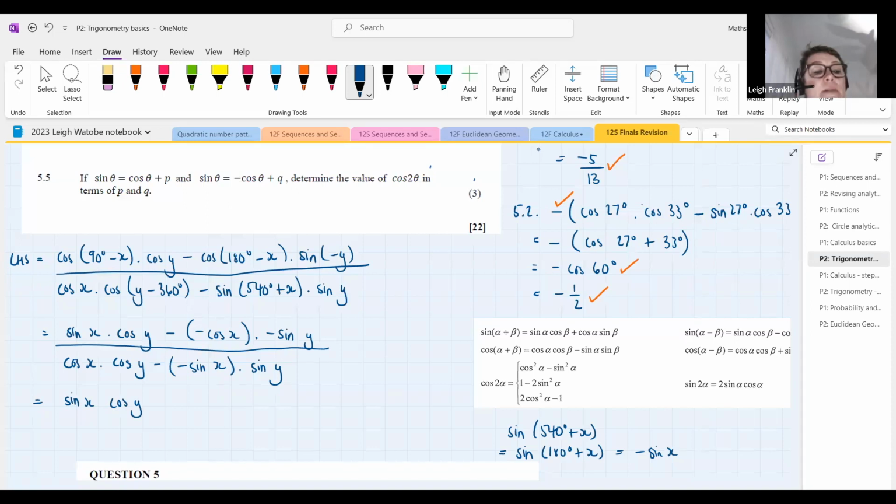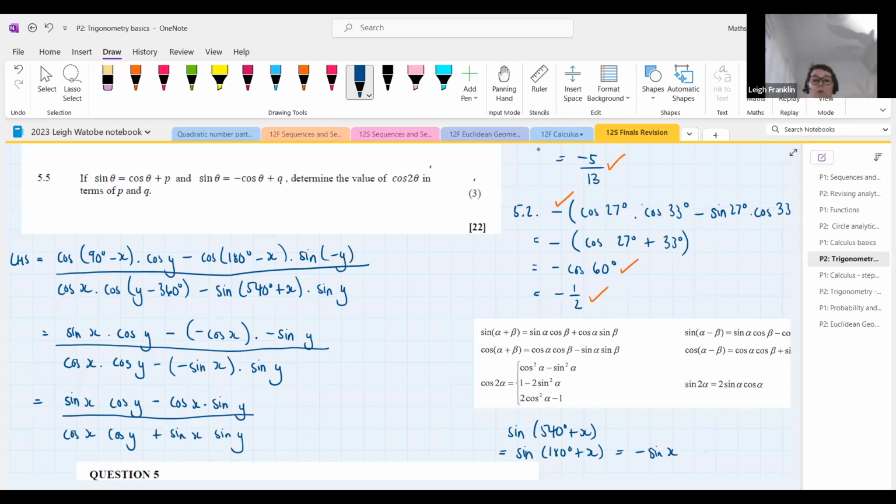A negative times a negative is a positive, but times a negative would be a negative again. So that would be minus cos x sine y. And we're going to do the same thing in the numerator. We're just going to tidy things up a bit. We've got cos x cos y, and here it would be plus sine x sine y.